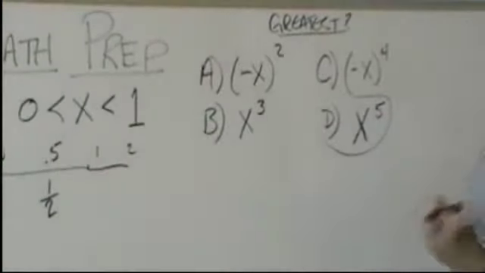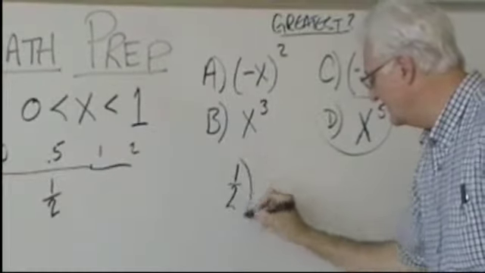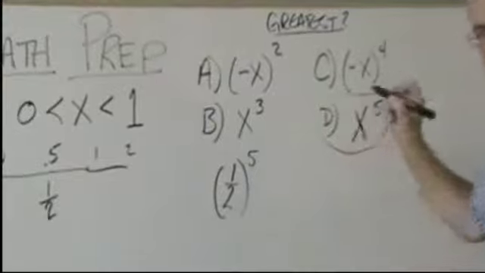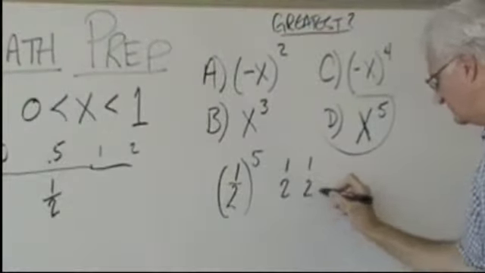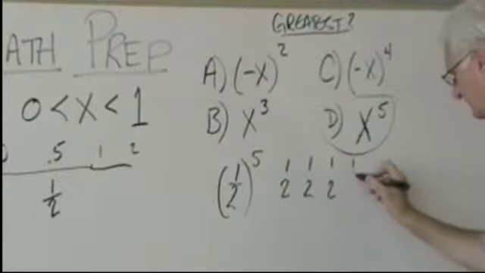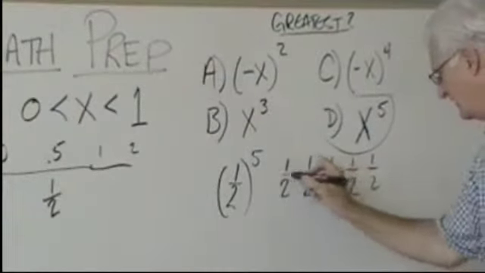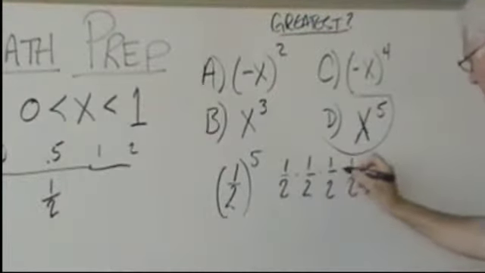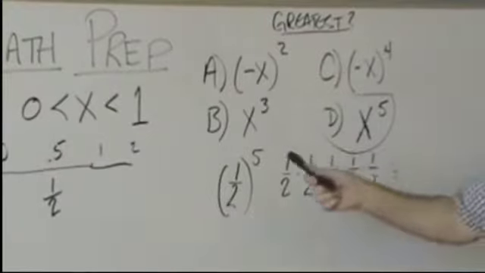Rhodes. Watch this. Let's take 1/2 to the fifth power. You write that, 1/2, 1/2, 1/2, 1/2. You asleep yet? Wake up. All right, there you go. You multiply 5 times. What's 1 times? You know that.